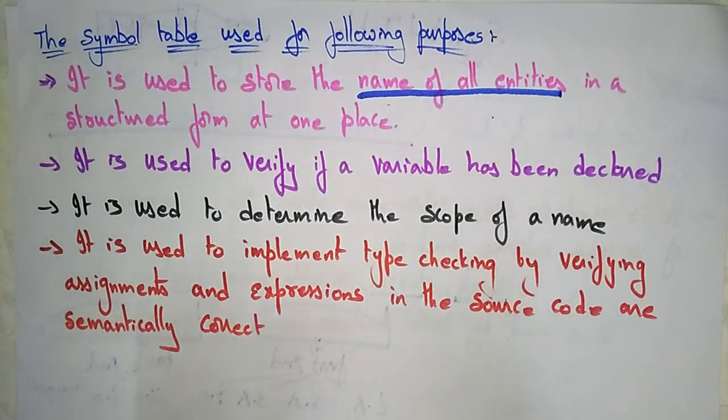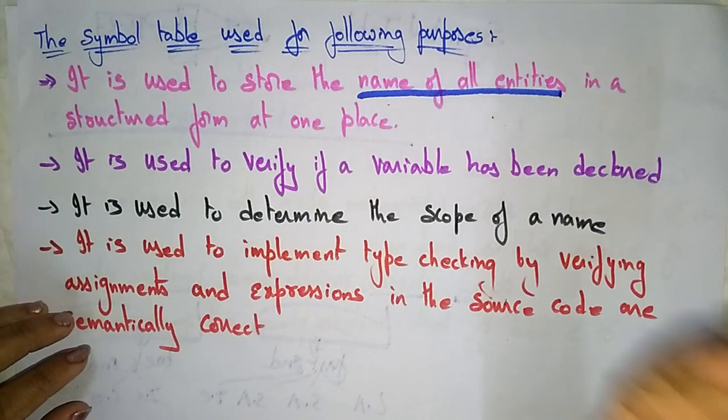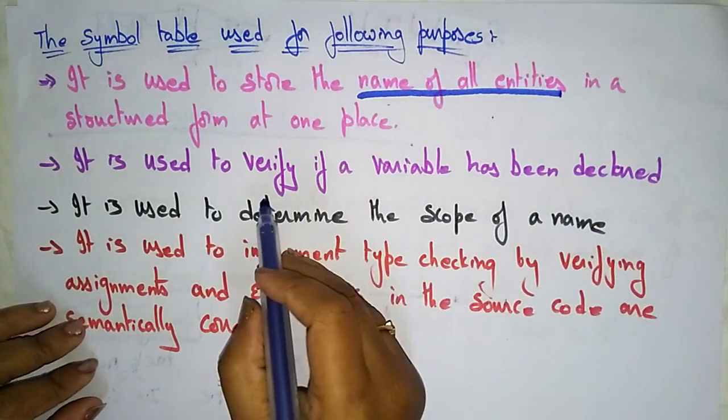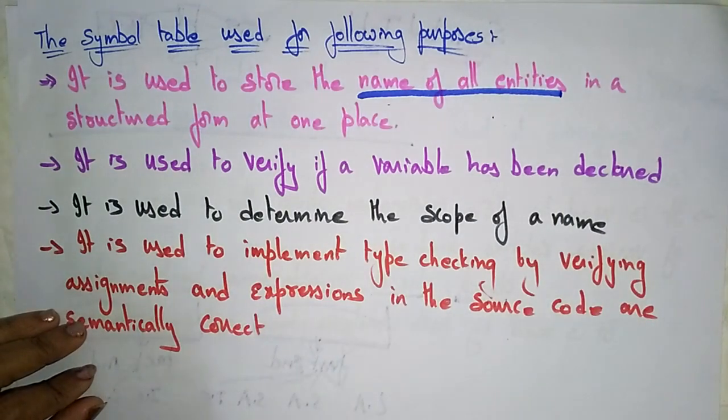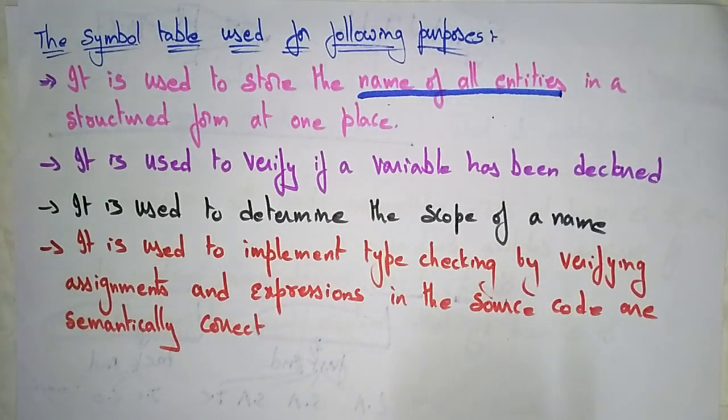Because whenever you want to add one more name to the entity, it first checks the symbol table and verifies if the variable has been declared or not. If it is already declared, it won't declare it again. Once the program has started, if that variable is already declared, the symbol table is not supposed to declare it again if that variable is used in the program.